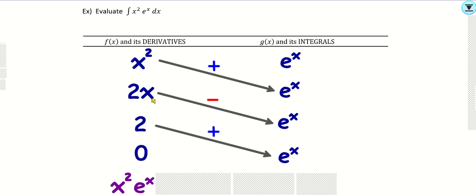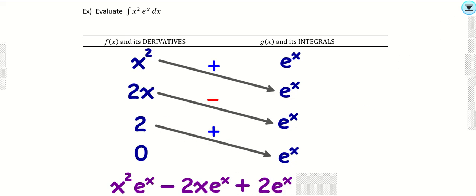Then the next term is these two hooking up with a negative, so negative 2x e to the x. The third term before the plus c, we're always ending with the plus c, is these two multiplying together with a positive sign. And that's the answer.